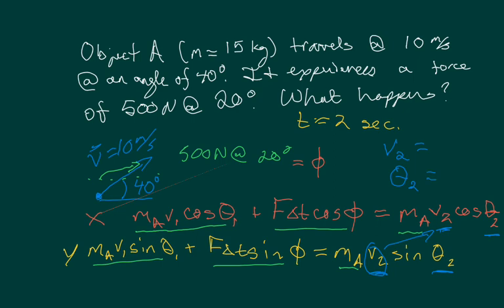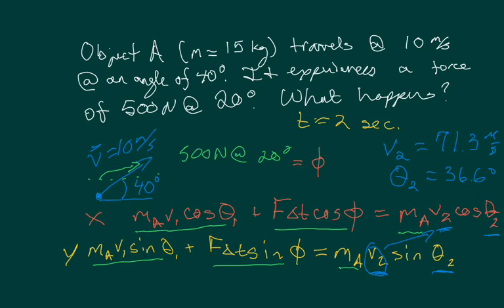Okay, so our velocity looks like it's going to be about 71.4, maybe 71.3 meters per second. And our angle then is 36.6 degrees.